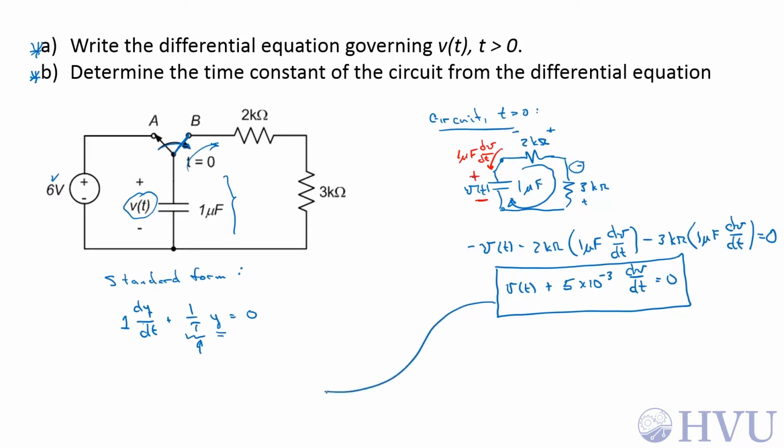If I take this equation and put it in that form, I divide through by 5 times 10 to the minus third. So I have dv by dt plus 1 over 5 times 10 to the minus third, v, is equal to 0. So tau is equal to 5 times 10 to the minus third seconds.